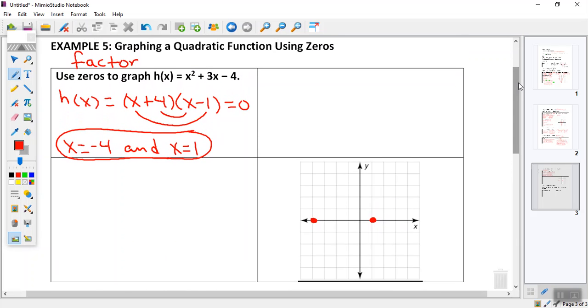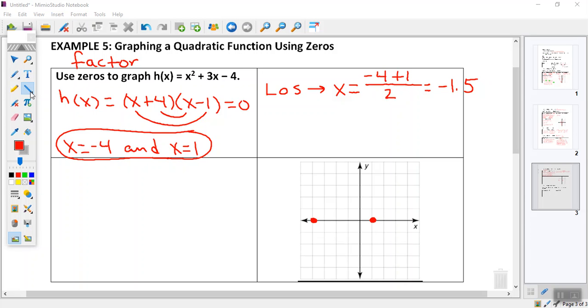So my line of symmetry would be at x equals negative 4 plus 1 divided by 2. What is that value, kids? Negative 1.5.